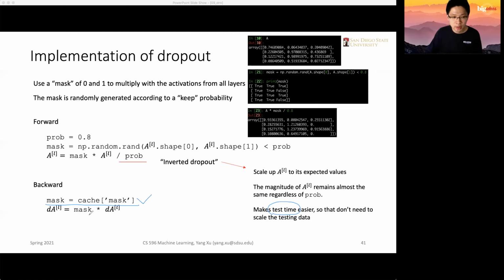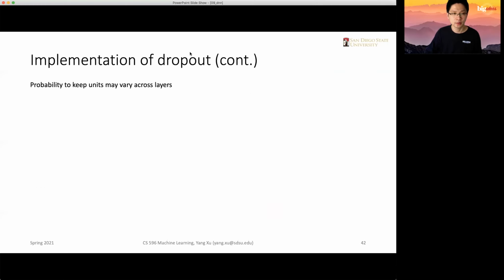So we only need to use those that are kept. So the mask should also be cached. We need to use the mask to filter out some elements in the gradients. It's basically the same idea as the forward pass.